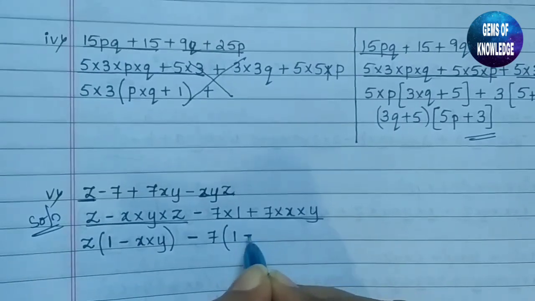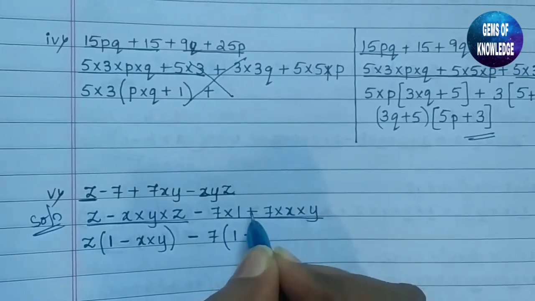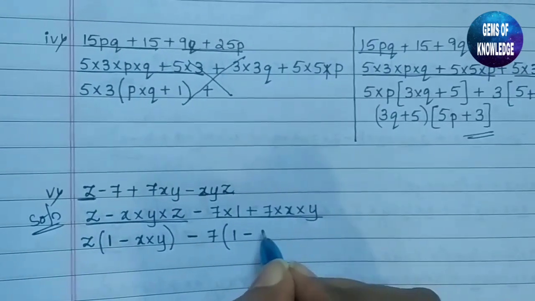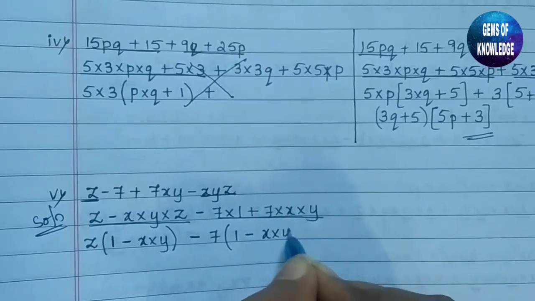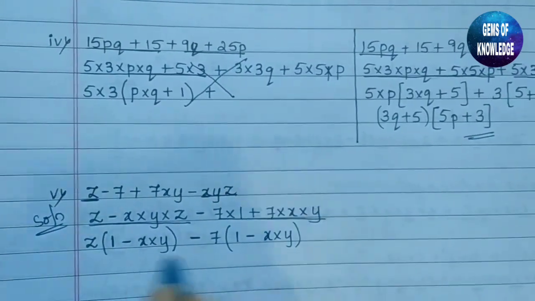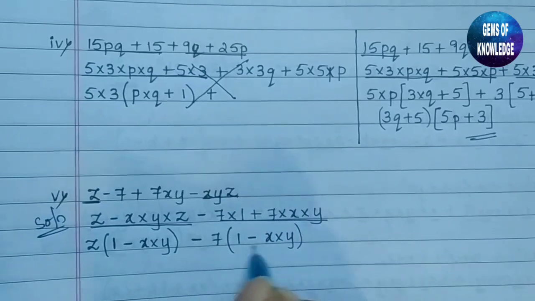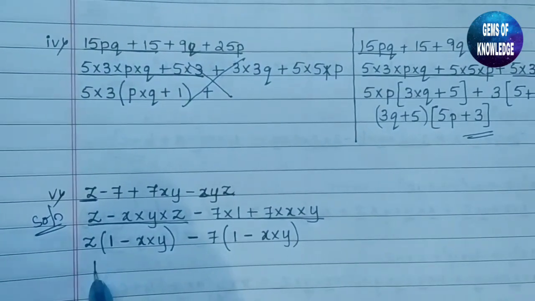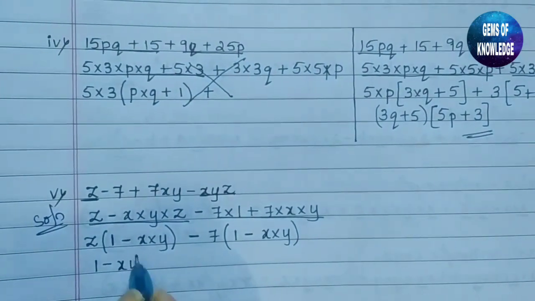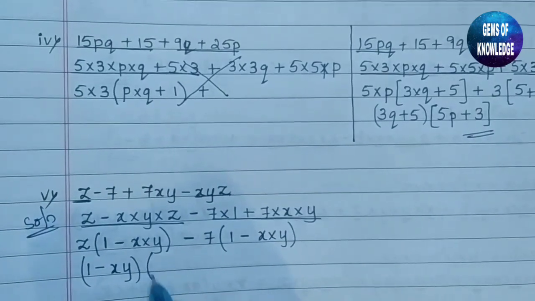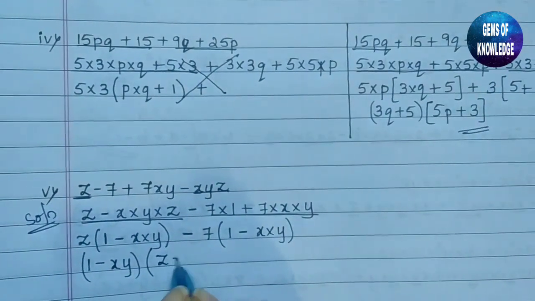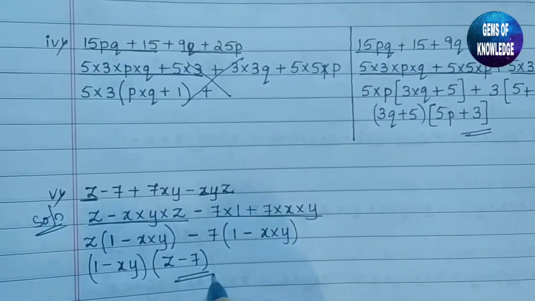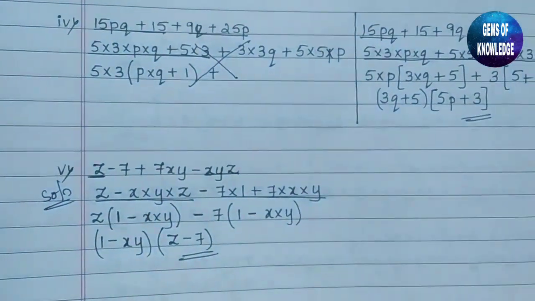I have to take here minus because minus into minus I'll be getting plus into x into y. So you can see in both the terms I got the common terms. So 1 minus xy is common over here, and what is remaining? z minus 7 is remaining. So this will be your answer.